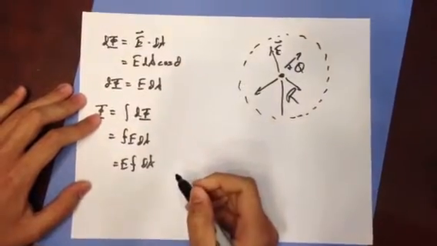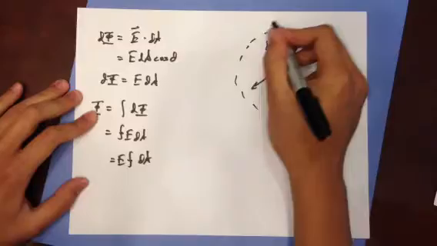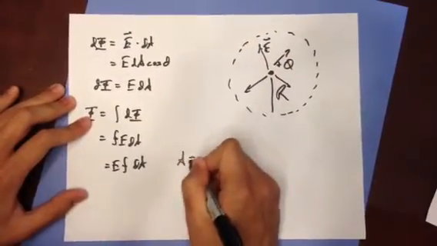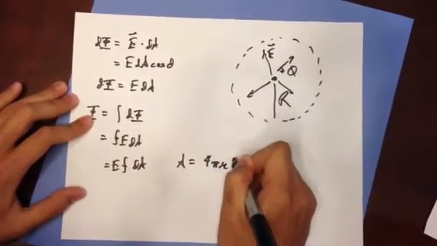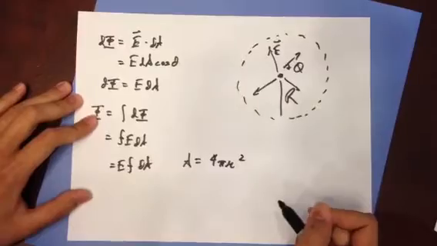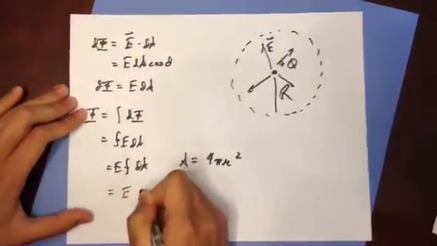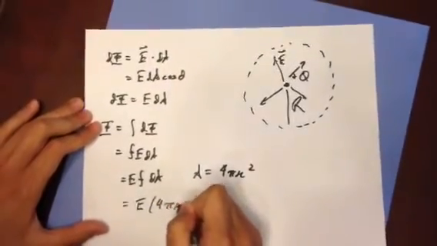Then we want to find the total surface area of our Gaussian surface, this sphere. The surface area of a sphere is 4 pi r squared. So if we sub that in, phi is equal to E times 4 pi r squared.